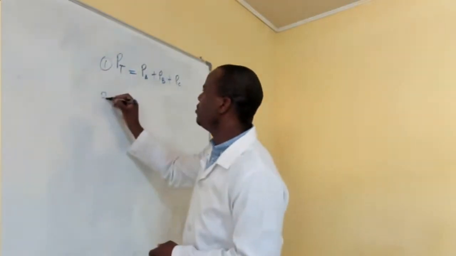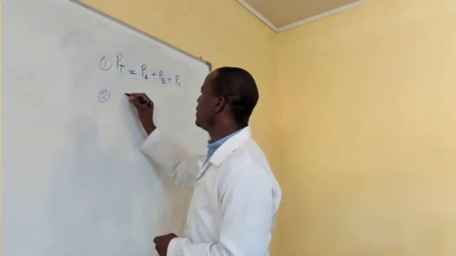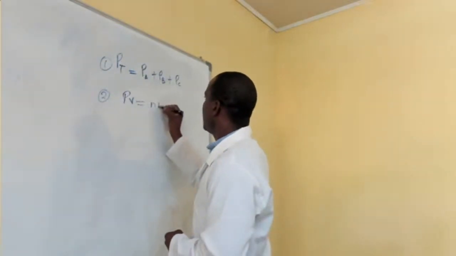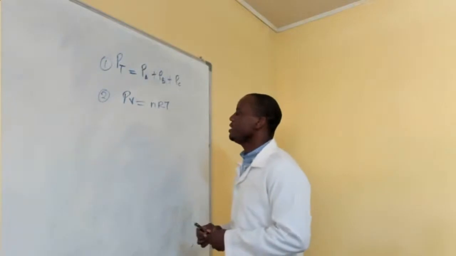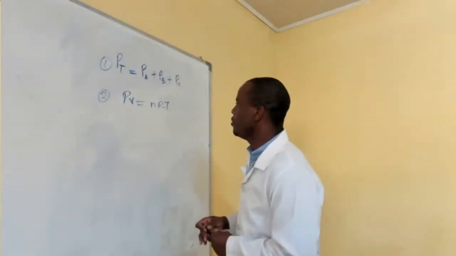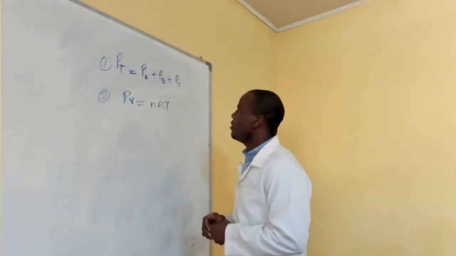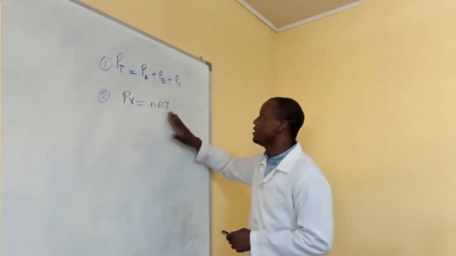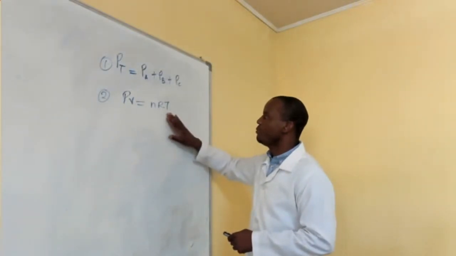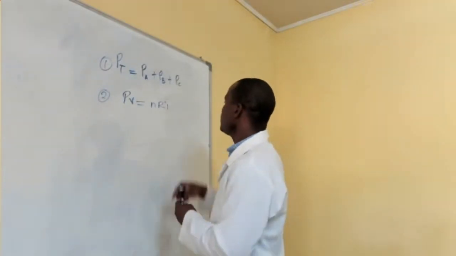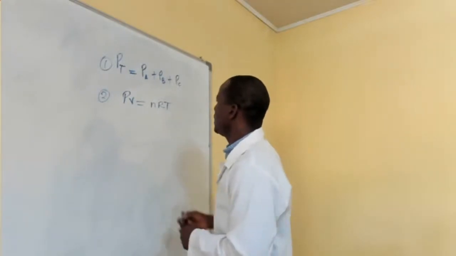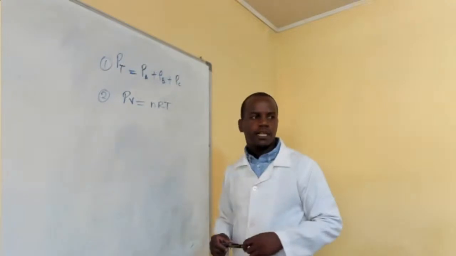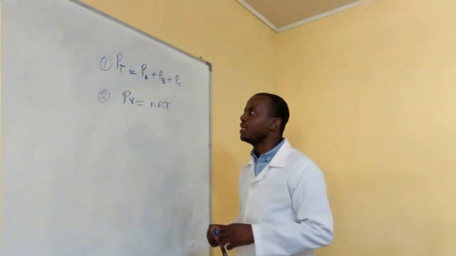Number two is to use the ideal gas equation. Now the ideal gas equation is PV equals nRT, where P is the pressure, V is the volume, n is the number of moles, R is the gas constant, and T is the temperature in kelvins. The ideal gas equation comes from a combination of the 3 gas laws that we discussed earlier.